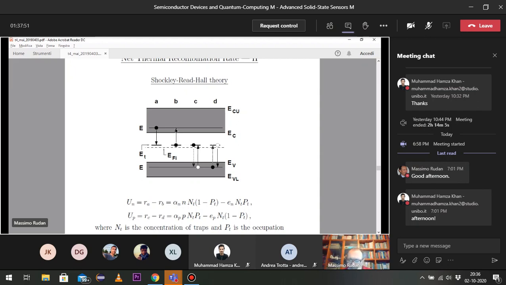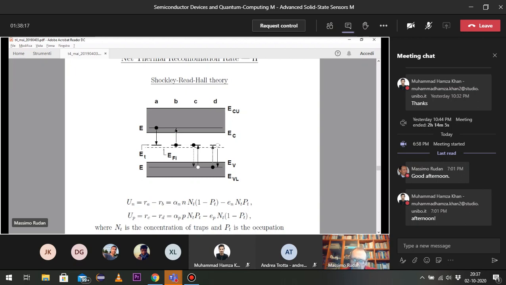For the description of the thermally assisted generation and recombination events, it is sufficient to consider only one type of traps, all of them with the same energy.